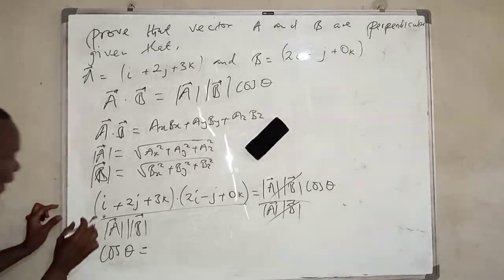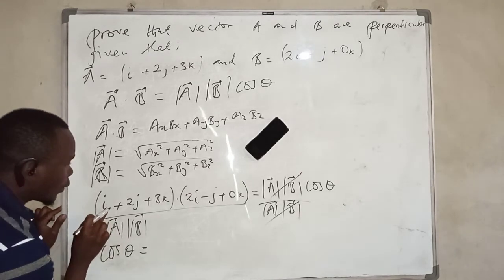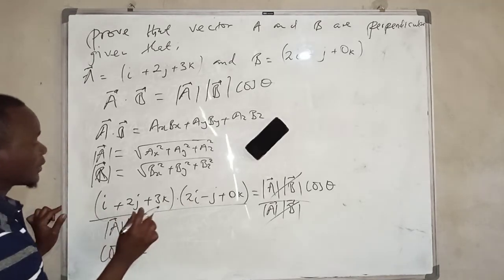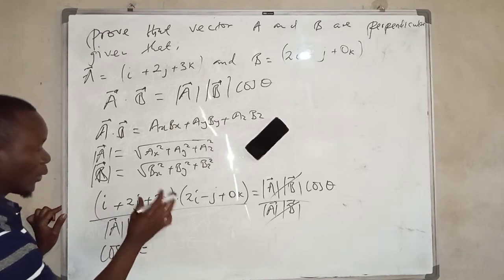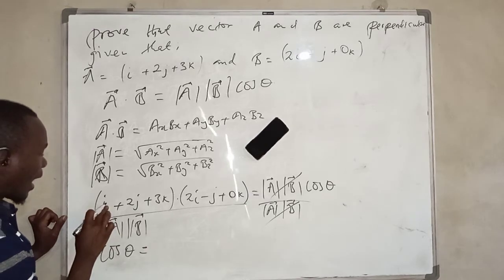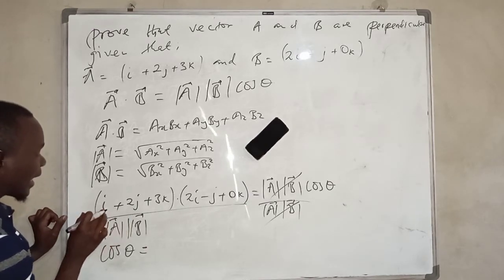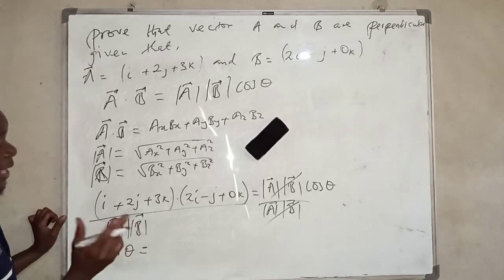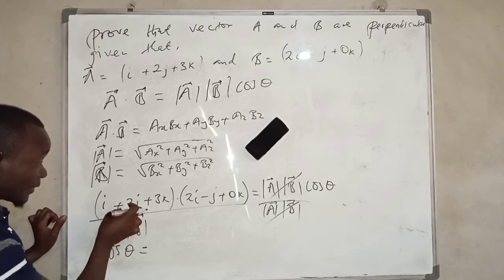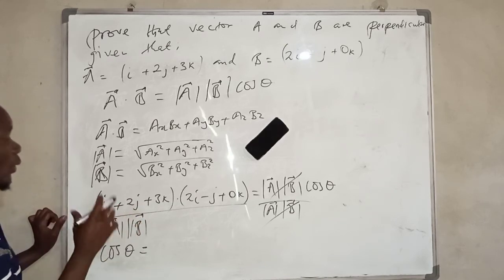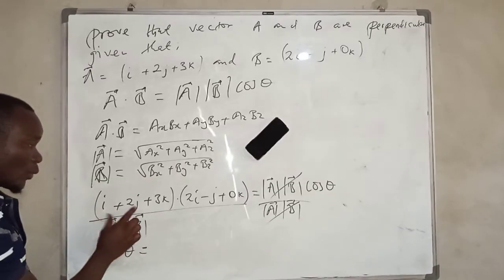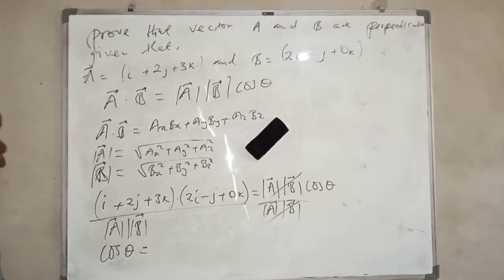So here we're going to dot this one and this one, and i times i is 1. i times j is 0. i times k is also 0. So under dot product, if we are dotting this to a different letter, different from this, then the answer is 0. j dot j, that is the proper language for dot product, is 1. k dot k is also 1.